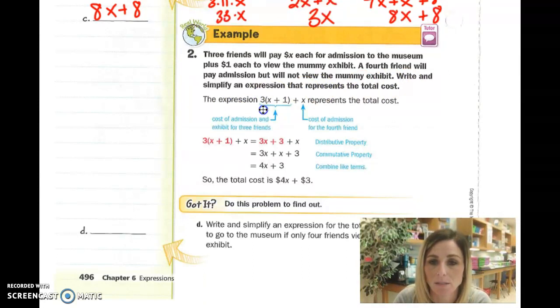So we have 3 friends, each paying some amount of money we don't know, plus $1 to view the mummy exhibit. A fourth friend will pay the admission but will not go to the mummy exhibit. So this person's on the outside because they're not going to the mummy exhibit. So when you look at this, you write it as 3 in parentheses, x plus 1, end parentheses, plus 1.